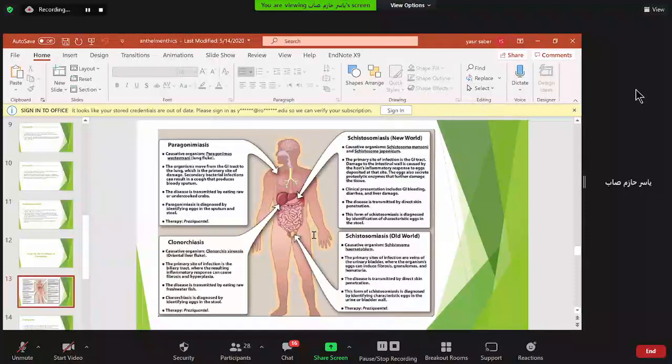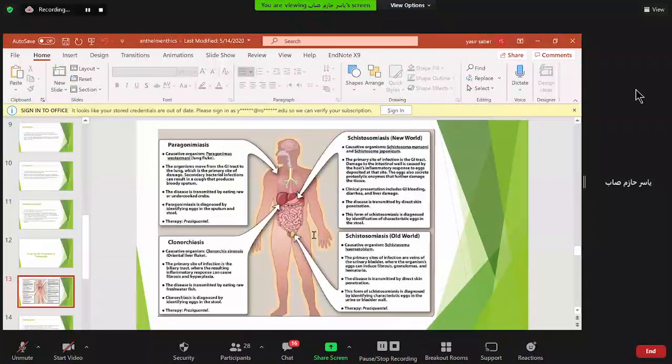فعندنا مثلا أنواع الانفكشن. الباراجنومياسيس caused by the organism Paragonimus westermani or lung fluke. The organism moves from the GIT to the lung, which is the primary site of damage.